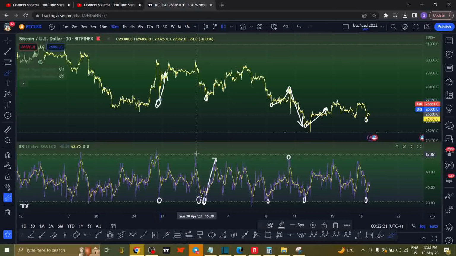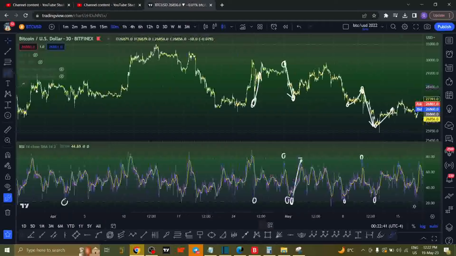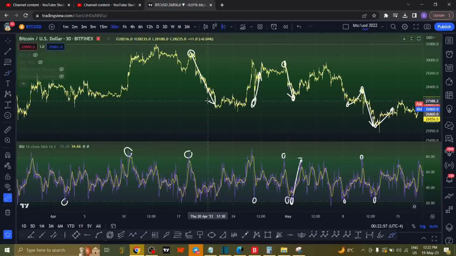We triggered our 78 index right up here, which signaled take profit or a signal to the downside, and there you go, that was our pullback to the downside. So again, anything above 78% RSI signals a downside movement. Right over here, we triggered our 78%, and hallelujah, down we went for a short momentum.